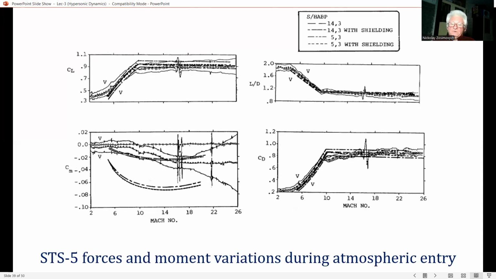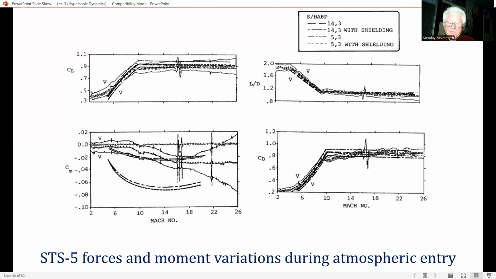The flight data from STS-5 are given by the circles, and the pre-flight predictions are given by the triangles. Calculations using four different methods from HABP are also shown in all four figures. The discontinuities shown here are caused by shuttle maneuvers, which are not accounted for in the calculation.